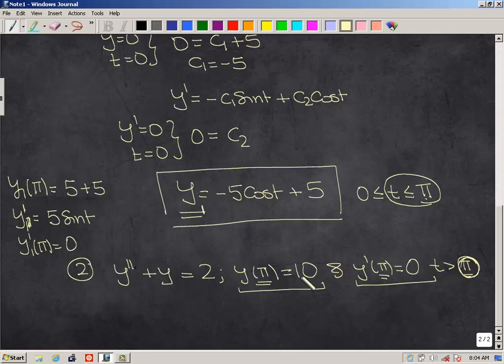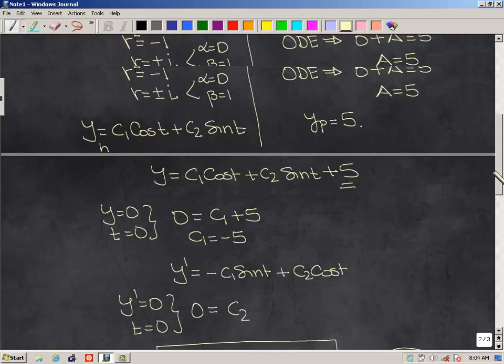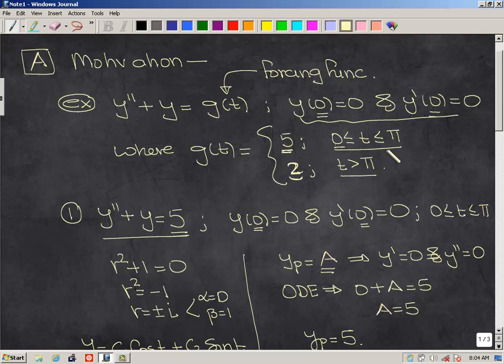So now, using these initial conditions, these two solutions, if we were to graph them, will be continuous and they will be connected at pi instead of having a gap at pi, even though this forcing function has a gap at pi. So if you were to graph this forcing function, which I should have done before, this is my function g of t. Between 0 and pi, it is always 5. So let's say this is 5.